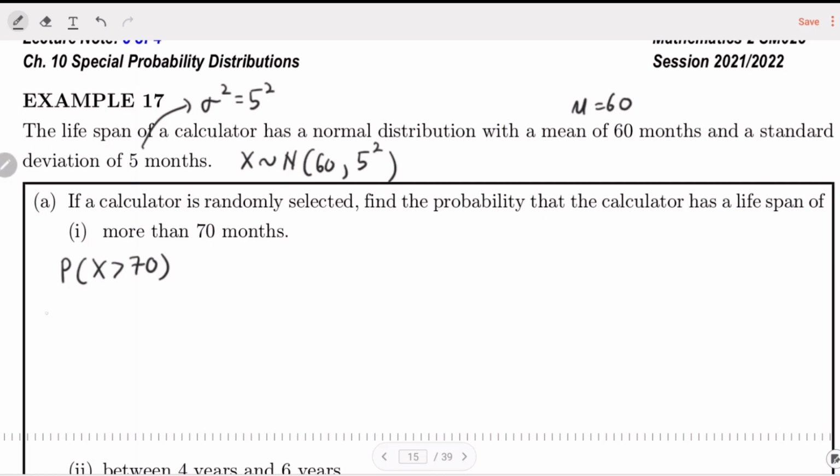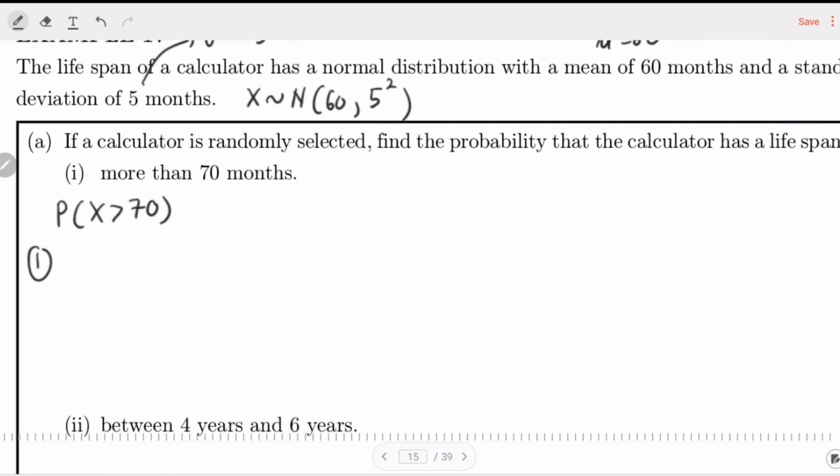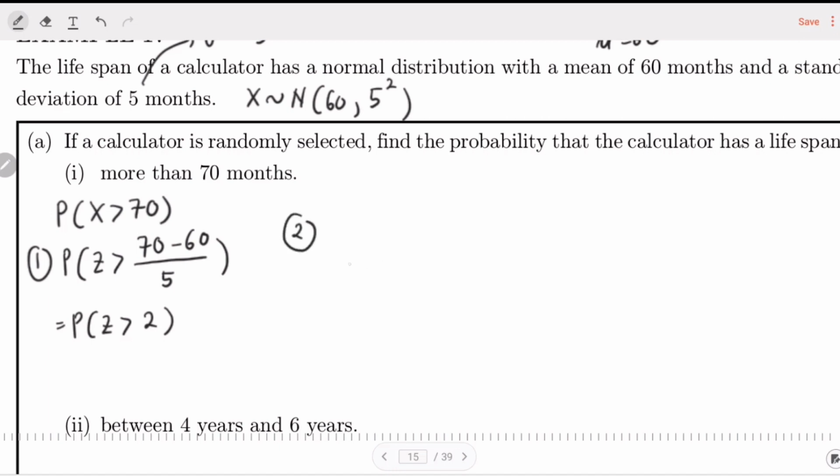The first step is to standardize, change from X to Z. 70 minus our mu and divide by our sigma, standard deviation. Calculate. This equals 2.